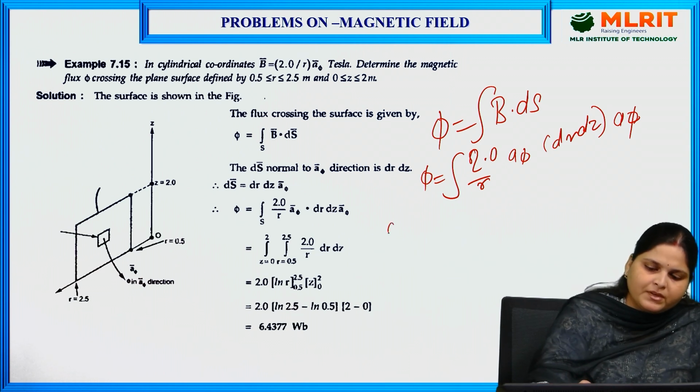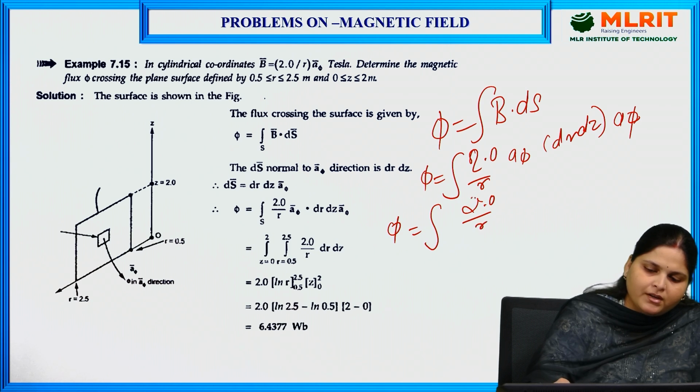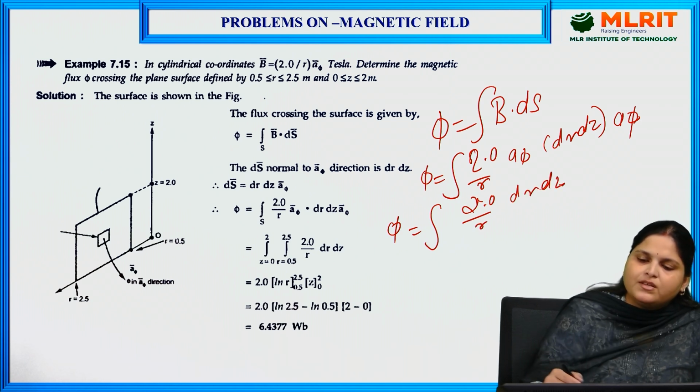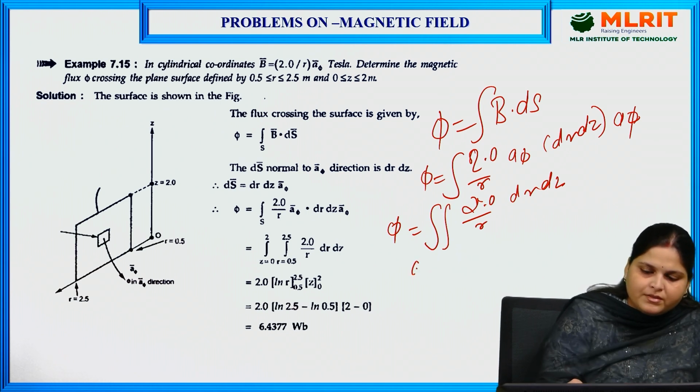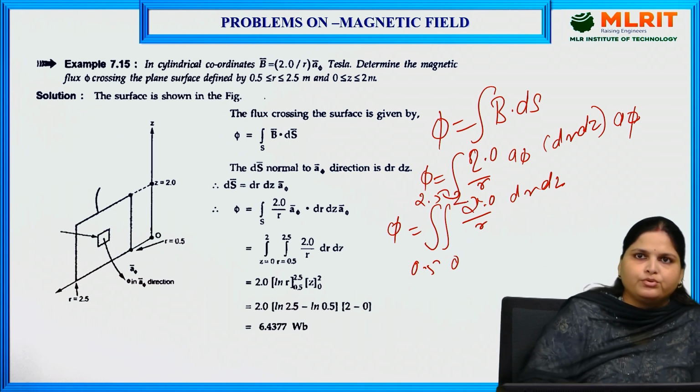So now this becomes phi is equal to the integration of 2.0 r dr dz. Okay, so 2 times integration, so 2 limits we will put. r is from 0.5 to 2.5 and z is from 0 to 2.